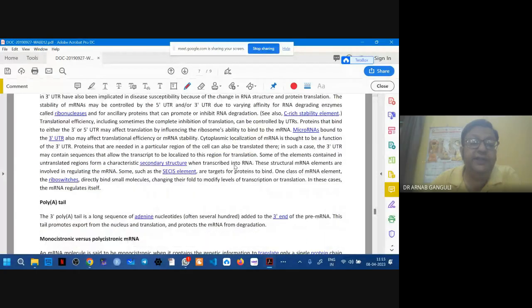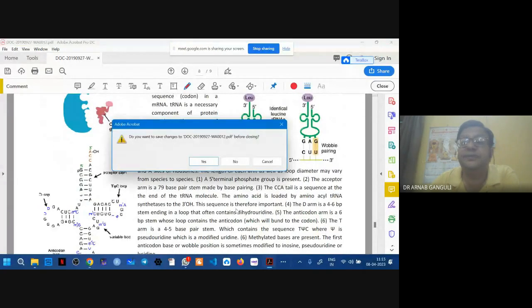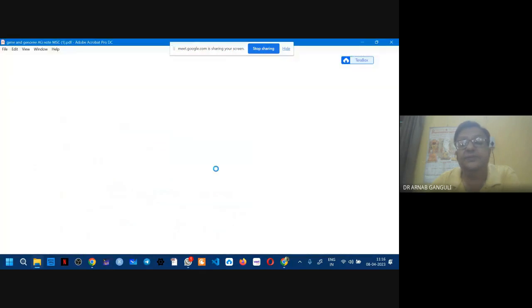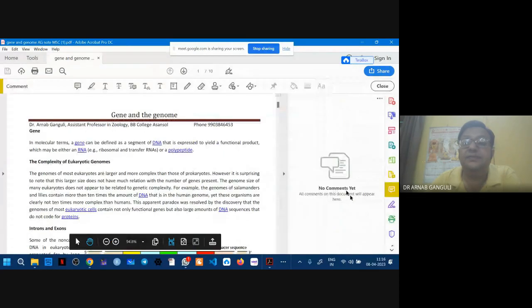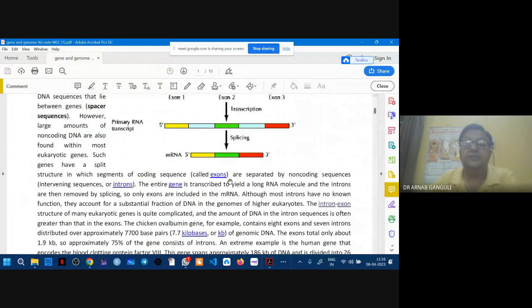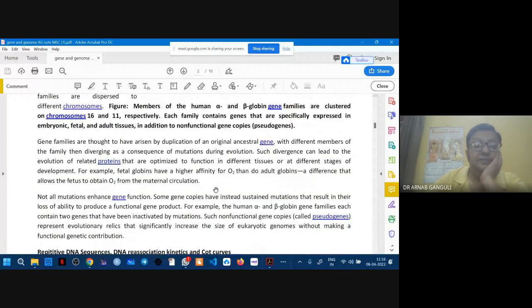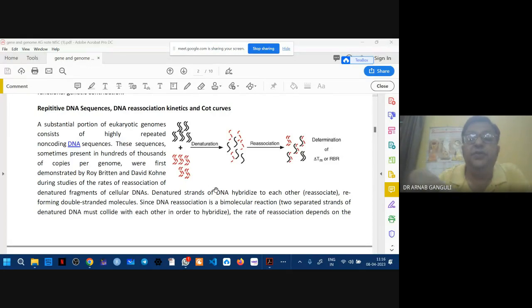There is one more thing left in this chapter, and that is Cot values.